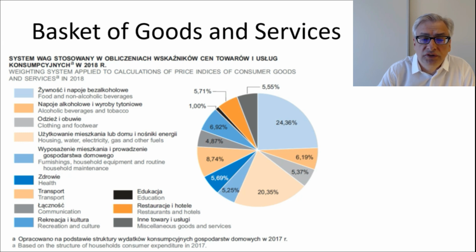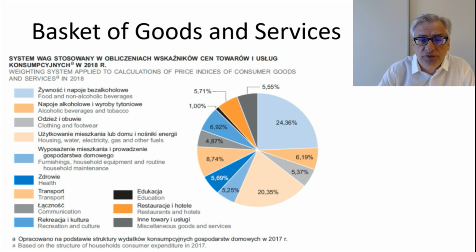Obviously, this is the average picture, the picture of an average household. You can see, for instance, that for health, we in Poland generally on average spend slightly less than 6%. That doesn't have to be true for all households, obviously.